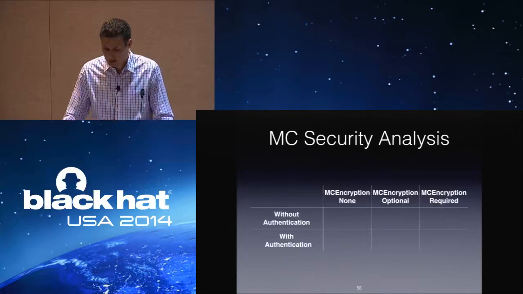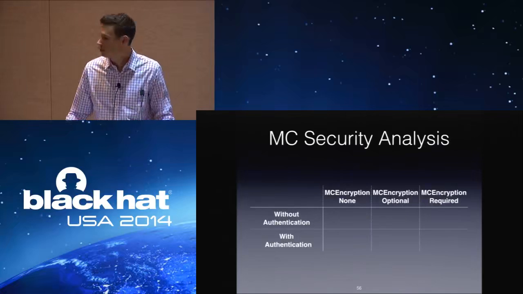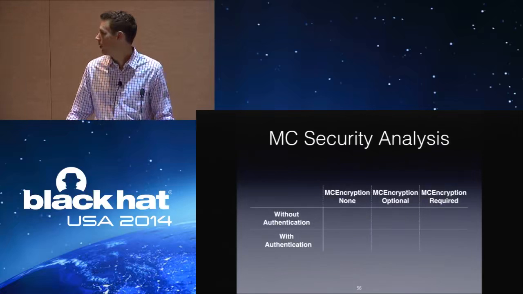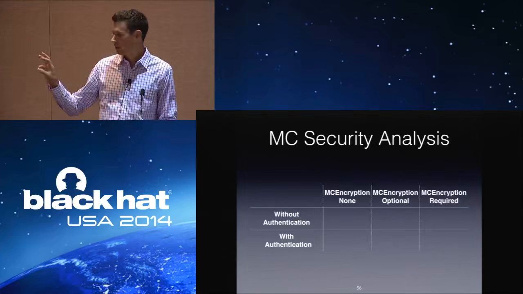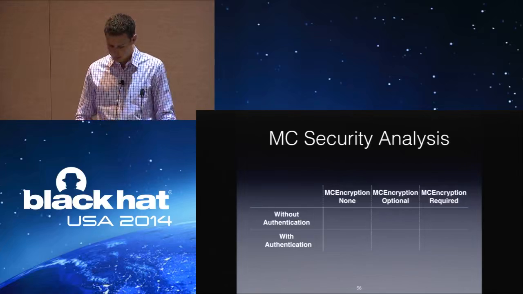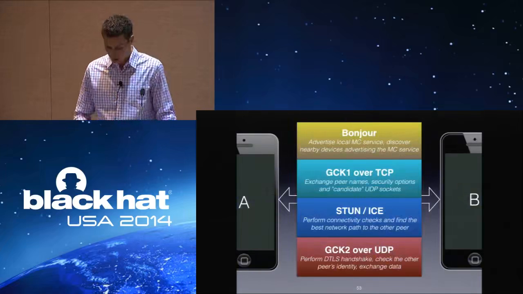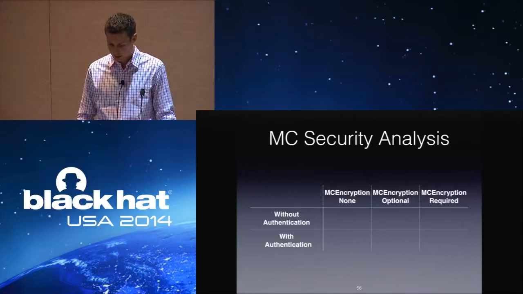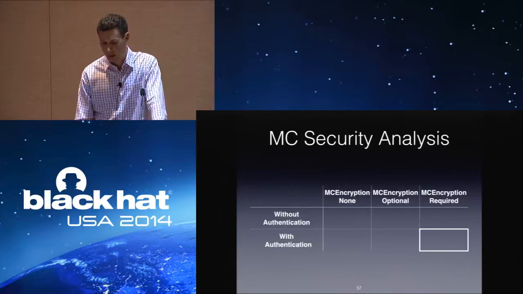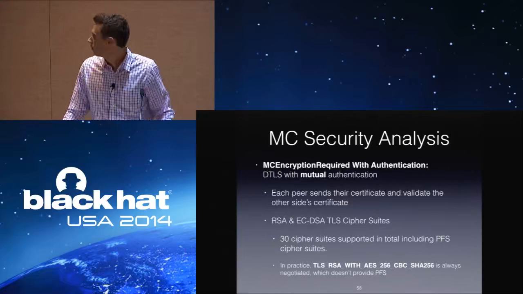As I said, there are 3 levels of encryption, none, optional, and required, and authentication, which can be enabled or disabled. When you change these settings, the only thing that gets affected is the last protocol, GCK2. So if you look at the first combo, encryption required with authentication, what you get is DTLS, and it's using mutual authentication.